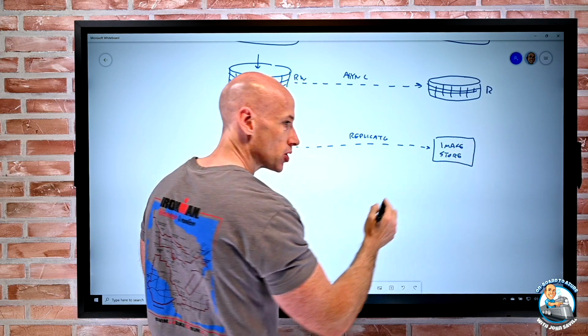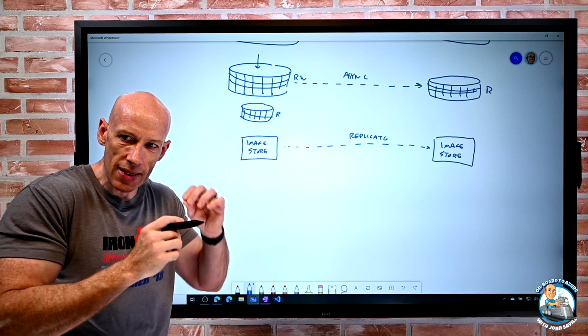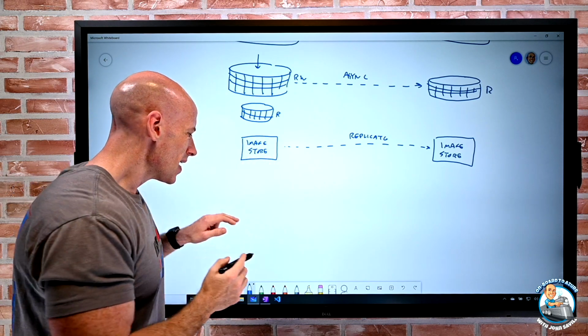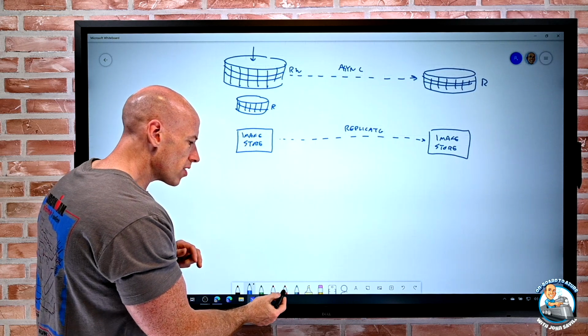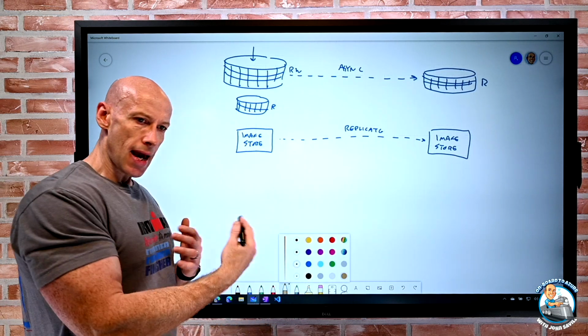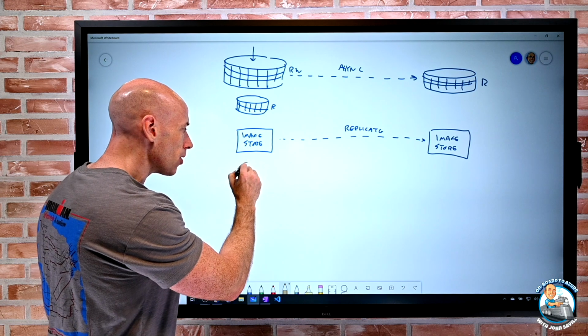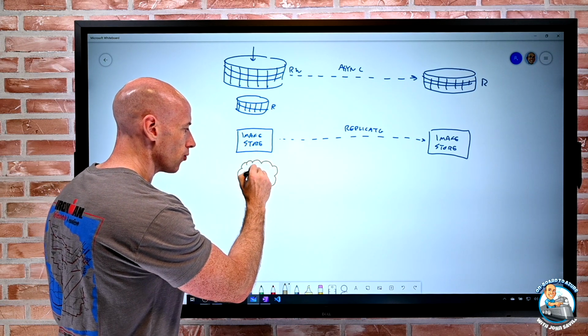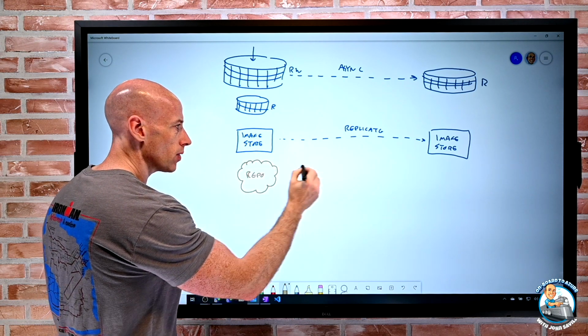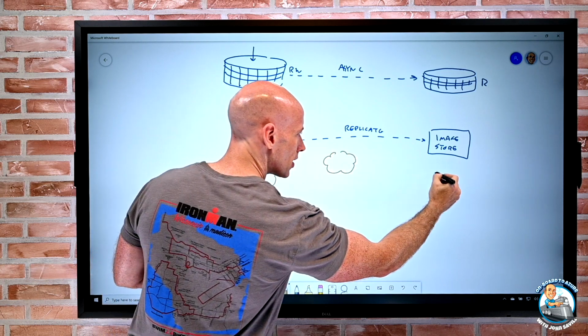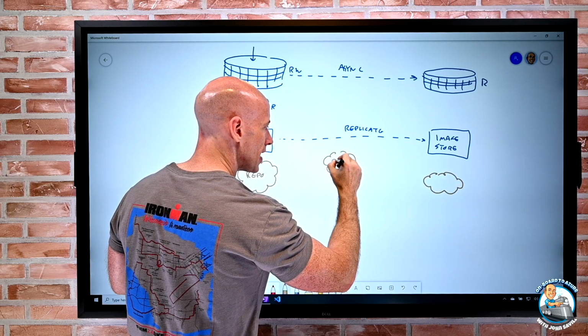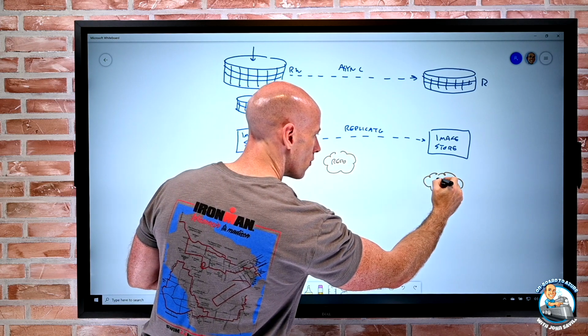Now, often there are options where I can tick a box to say, hey, I want copies in these regions. Things like your repos, like GitHub, Azure DevOps, your repos actually are typically just replicated for you. I generally don't have to worry about that. They kind of just make those available and they do the replication for me.